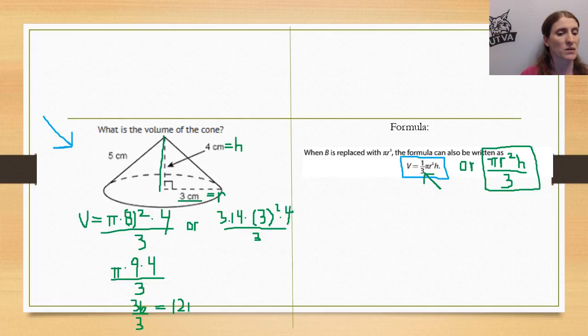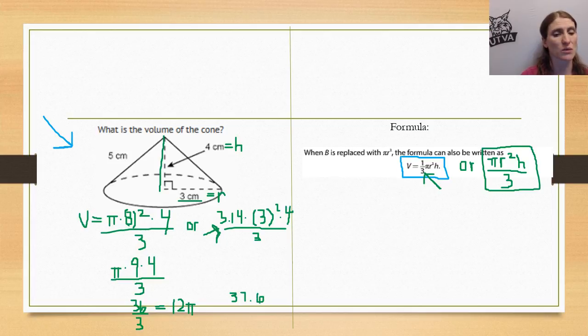Now, I know that pi over here in this one is representing 3.14, so it's going to be the same answer, except it's going to be 12 times 3.14. So I'm going to go ahead and do 12 times 3.14, and I get 37.68. So we could have the answer 37.68.